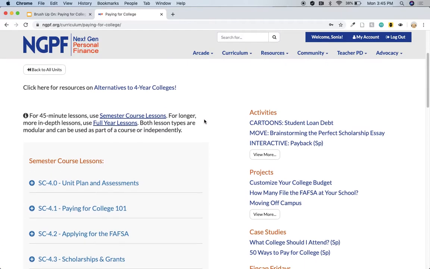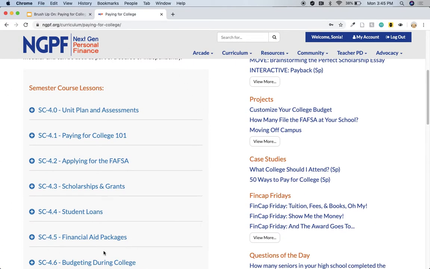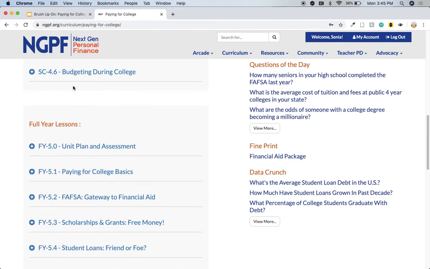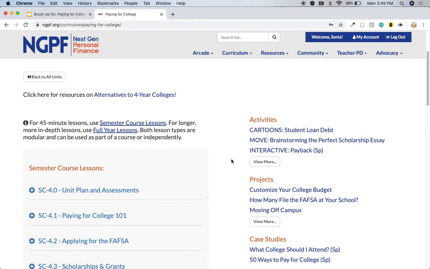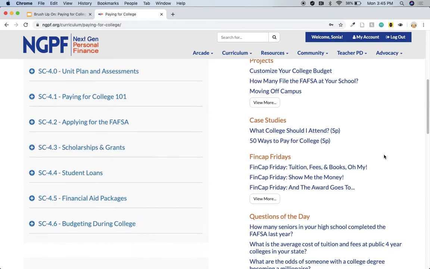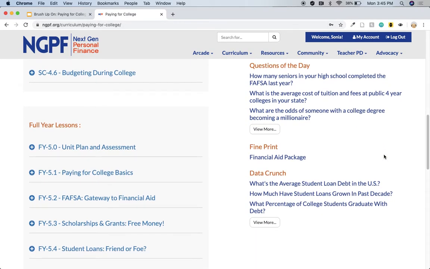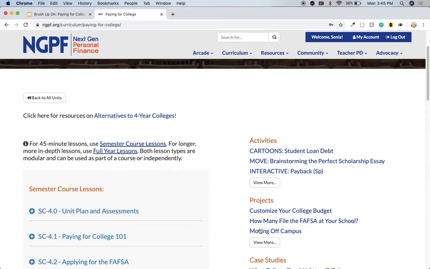On the left-hand side we have our semester course lessons and our full year lessons. On the right-hand side we have a bunch of supplemental resources like activities, case studies, questions of the day, etc. Keep in mind that a lot of the resources on the right-hand side are embedded into the lessons on the left-hand side.